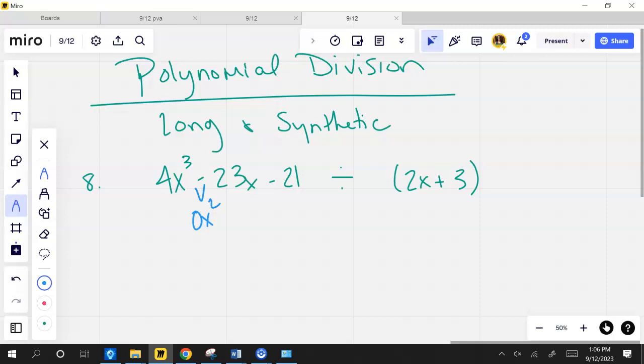All right, so I need a placeholder. I start with the biggest exponent, and I need to make sure I have that exponent and everything down below it down to the constant, right? So since I started with a 3 here, then I need to make sure I've got a 2, a 1, and a constant, yes? I'm missing the 2, that's why I put a 0x squared, right?